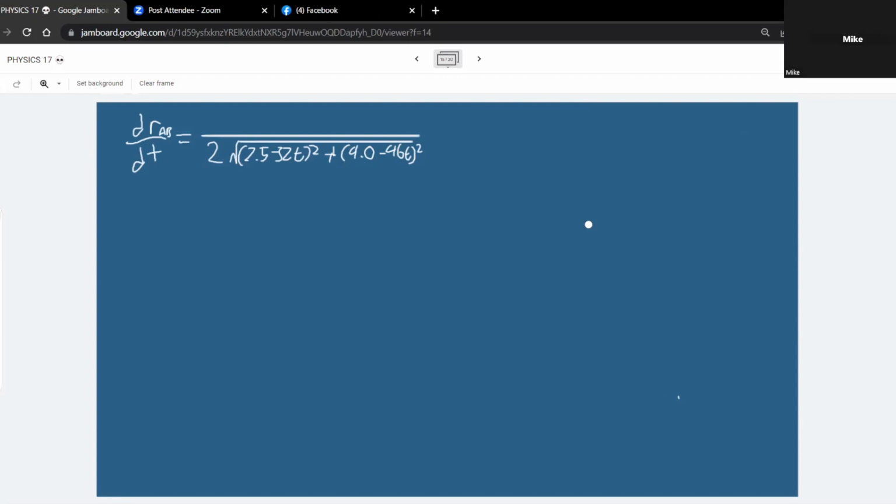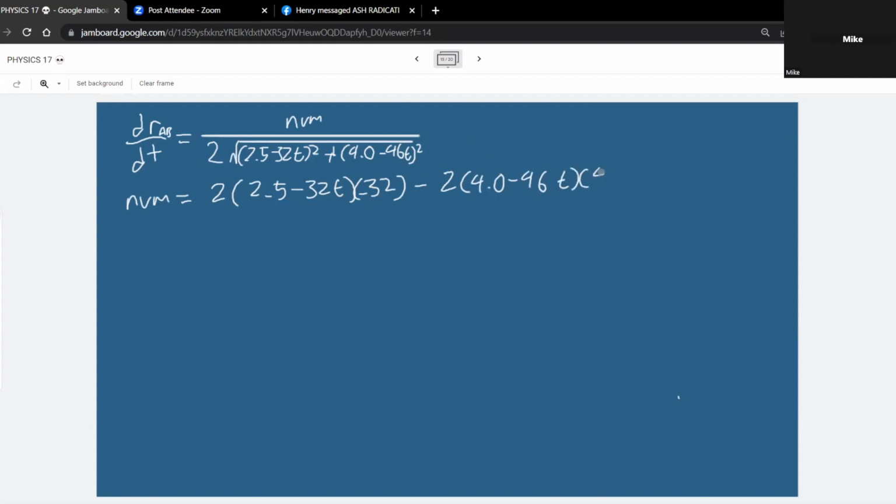Hindi, I think mas simple na hindi mo i-expand. So yung numerator, 2 times 2.5 minus 32t, tapos 1 times negative 32 plus minus 46.